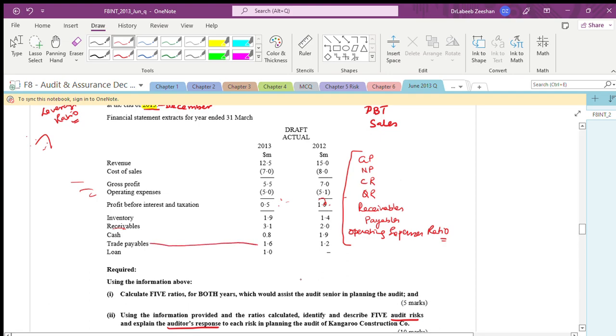1.6, 1.2. Okay. Receivables are how much? 3.1, 2.0. Is it okay?